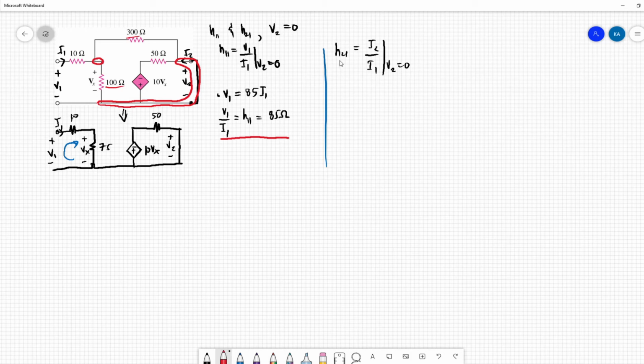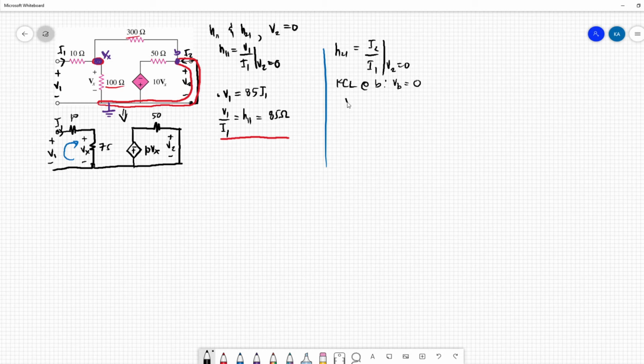Now to solve for H21, we apply nodal analysis. Let's label this node node B and this node as node Vx. This is our reference node. So KCL at B, our VB is just equivalent to 0 since it is directly connected to the reference.